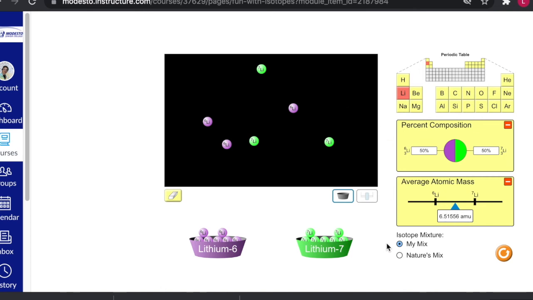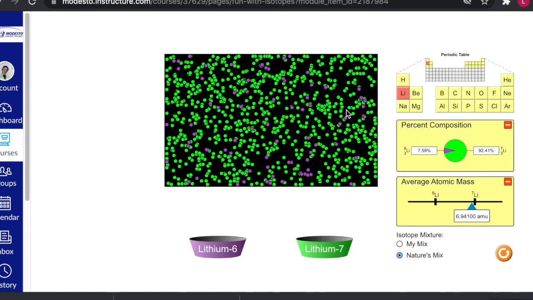If we want to see what it really is, you can click Nature's Mix, and it will show you lots and lots of green, so mostly lithium-7, about 92.4% lithium-7, and only 7.59% of the lithium-6. The little purple ones occasionally is what you'll find.